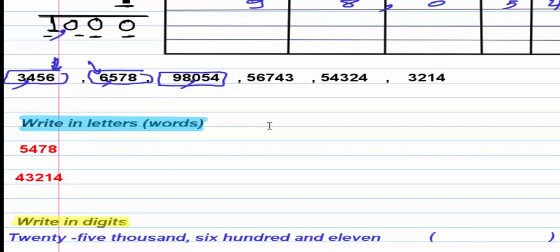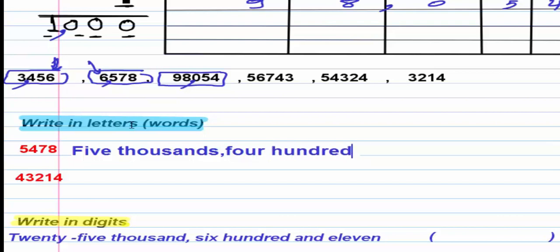We can say 5478: five thousand, four hundred and seventy-eight.